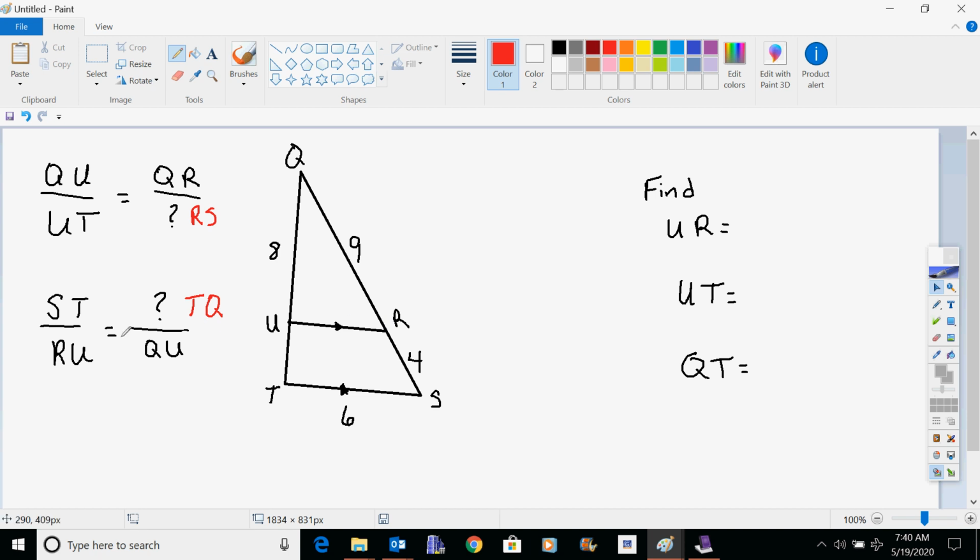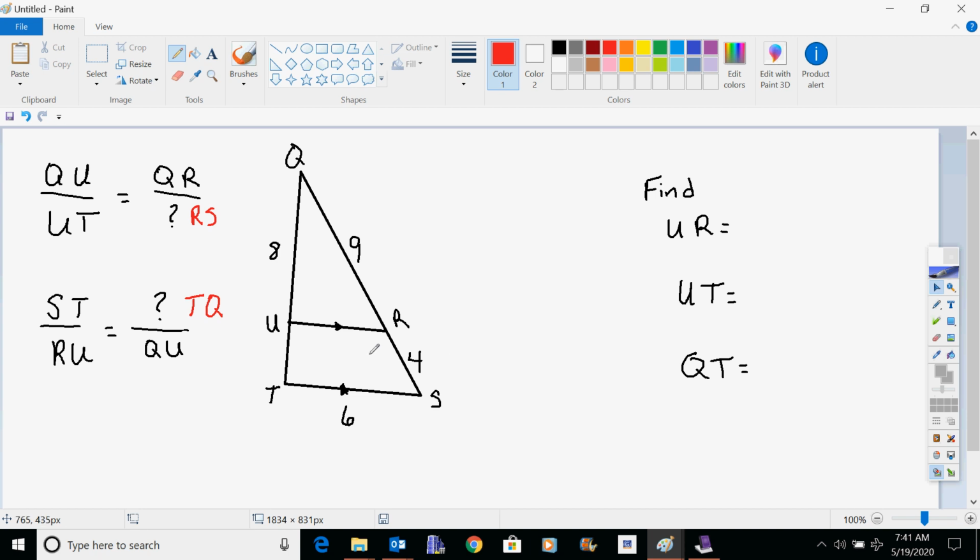So we already know that there is some things happening as far as proportions on this. We have a small triangle and we have a big triangle that we can deal with here. We don't have enough numbers on this side to actually use the QT as our long side.